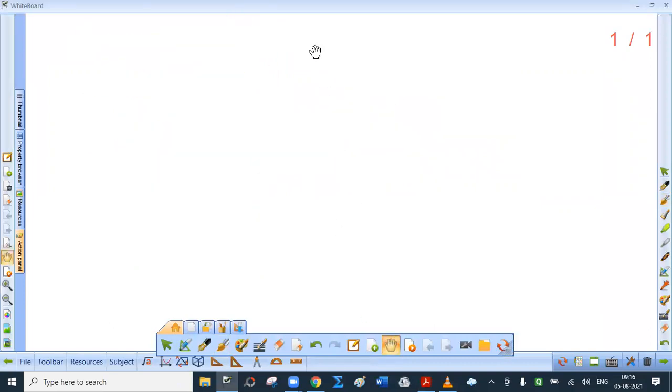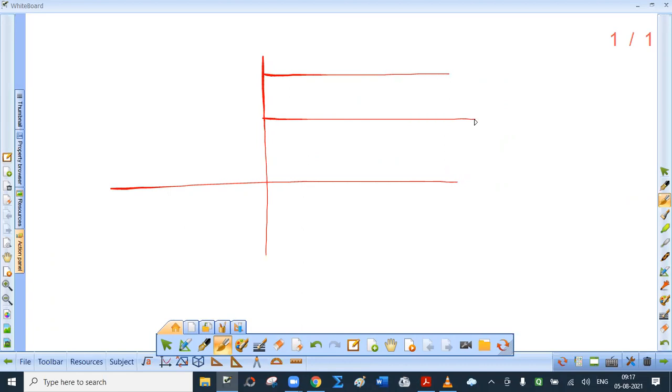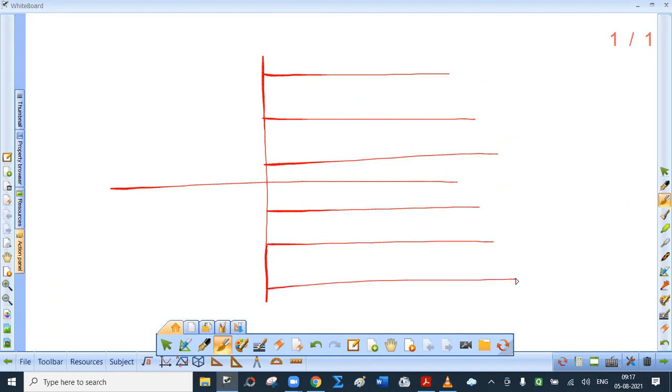If you want me to explain this in detail, I'll do that. Suppose x is greater than or equal to 0. Now for the x coordinate to be positive, this is the graph of what? X greater than or equal to 0, right? Now y greater than or equal to 0.